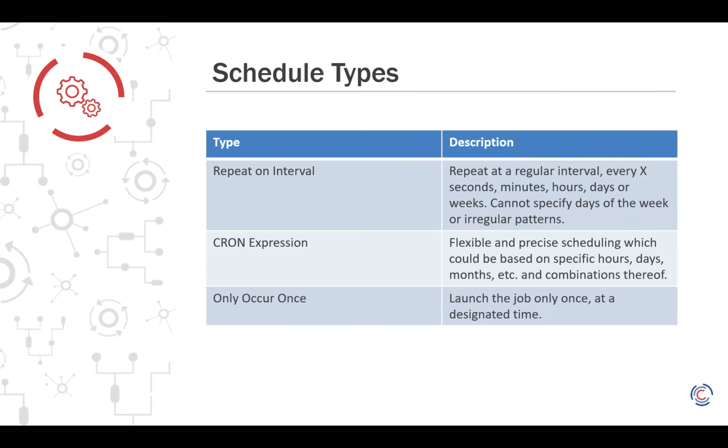So I might want to use a cron expression so that it's always going to run on only Monday, Wednesday, and Friday, which is something that I can't do with the repeat on interval. So usually, you figure out what you want to do. If it works with repeat on interval, where it's a very regular thing, then go for that. But if it doesn't work and it's a bit more precise or irregular, then take a look at the cron expression. All right, thanks.